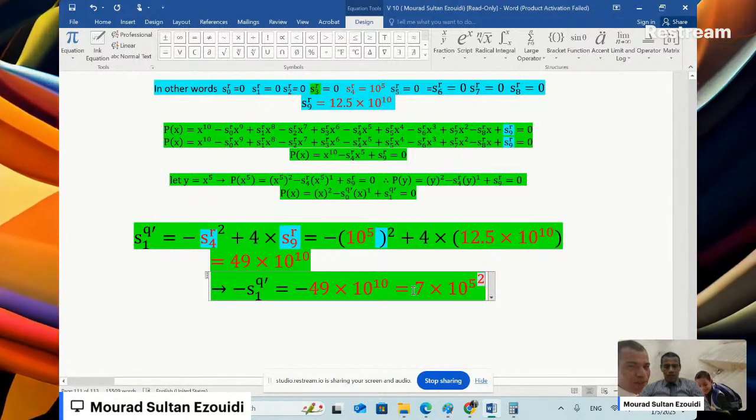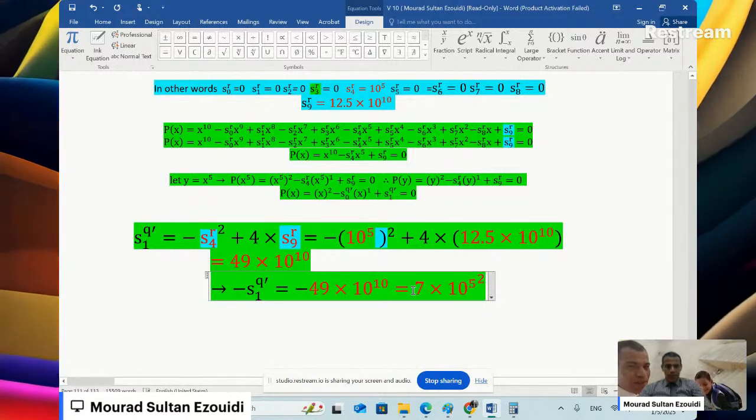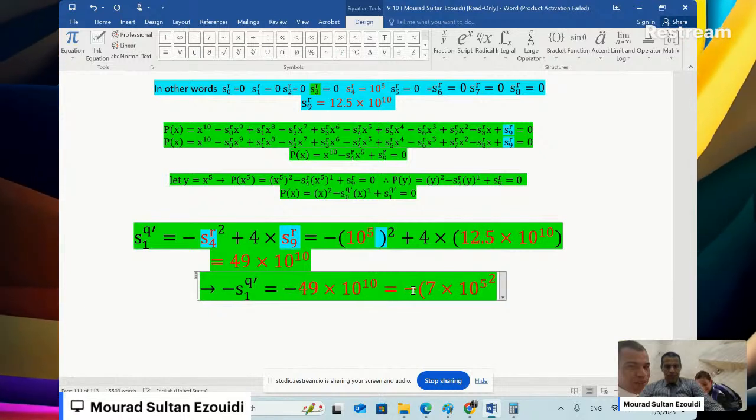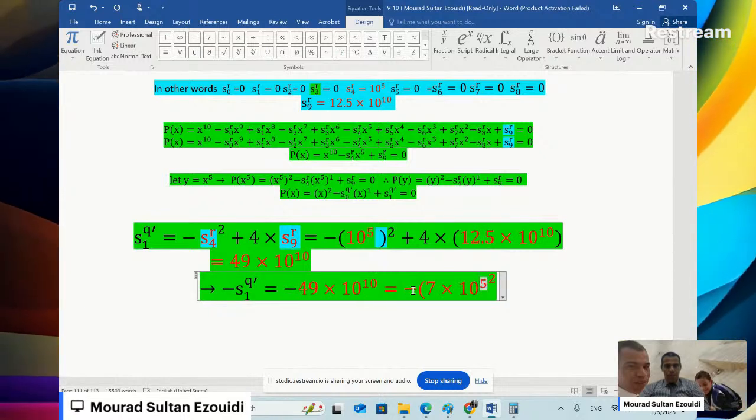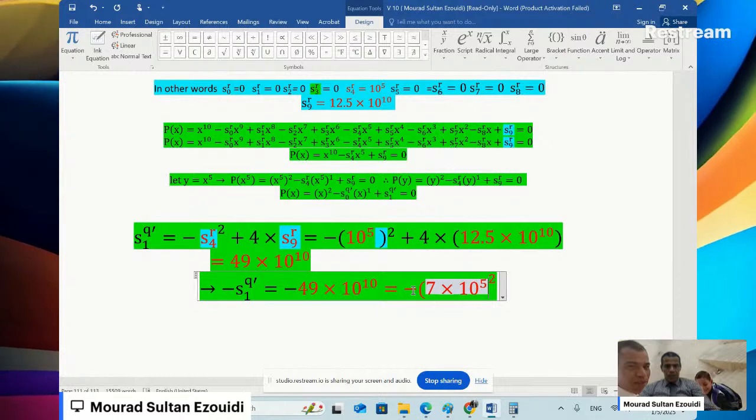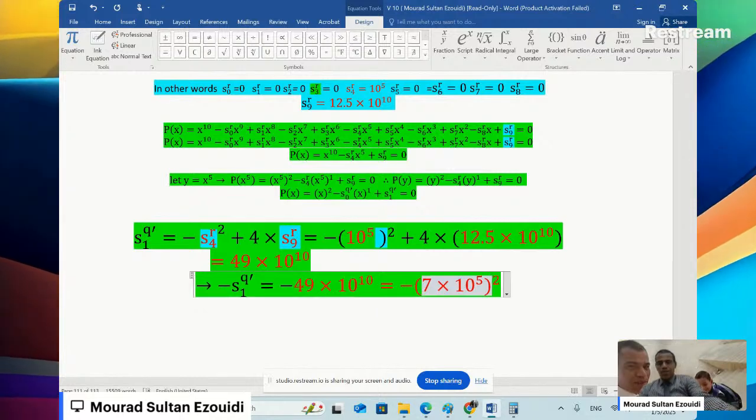But don't forget about the negative sign. Negative, then after parentheses comes here. So this one will be the discriminant.